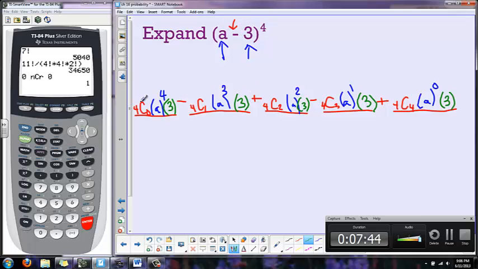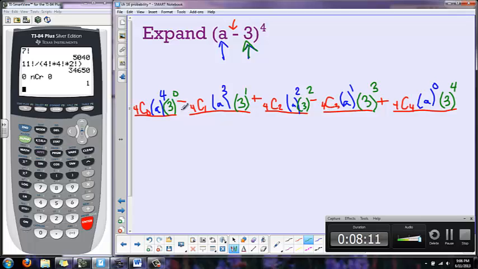So after you make those signs change, you don't have to write a negative 3 in those parentheses, you just have to write a positive 3. So the first term starts at the highest power and goes down, 4, 3, 2, 1, 0. The second term in the binomial starts at the lowest power, 0, and works its way up. So that's exactly what your term is going to be.